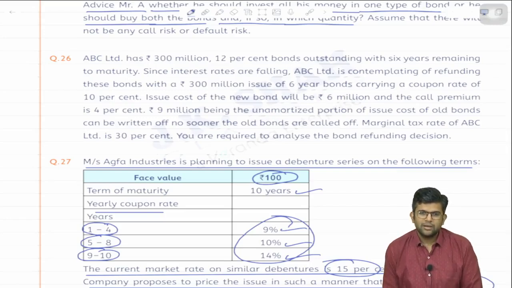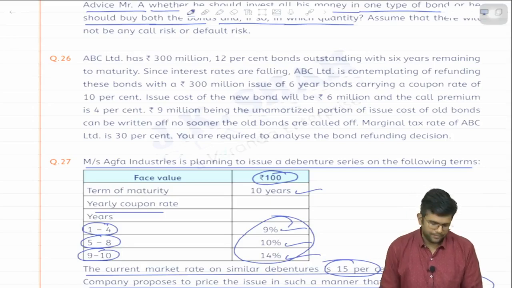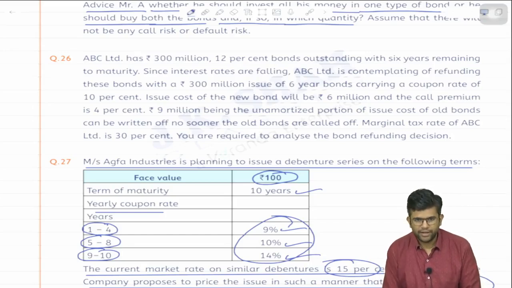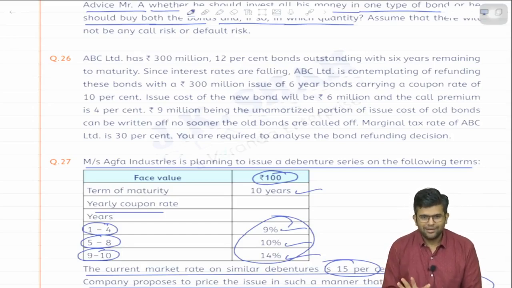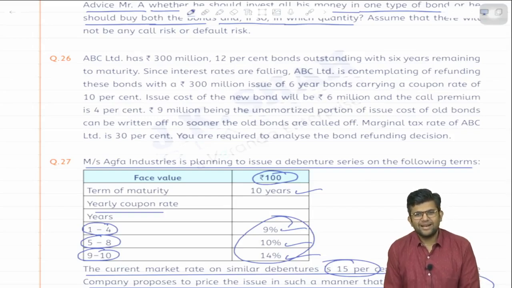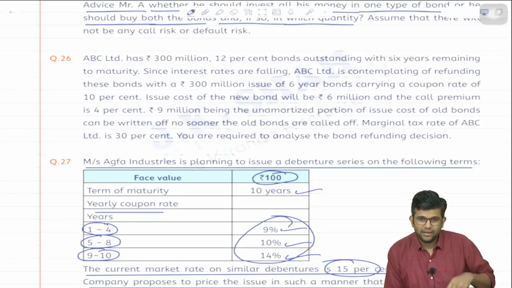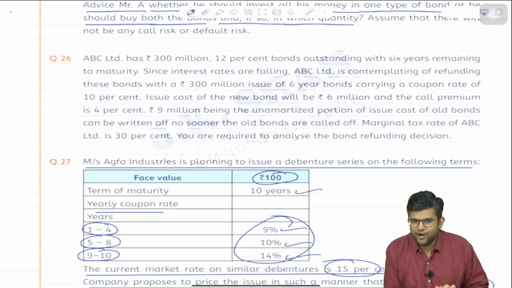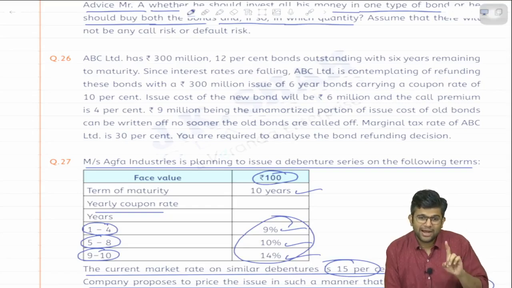Now I want to tell you, the institute earlier had two questions on bond refunding. This was the smaller one. Now from the study module they eliminated the question, and I have kept it in your additional questions.